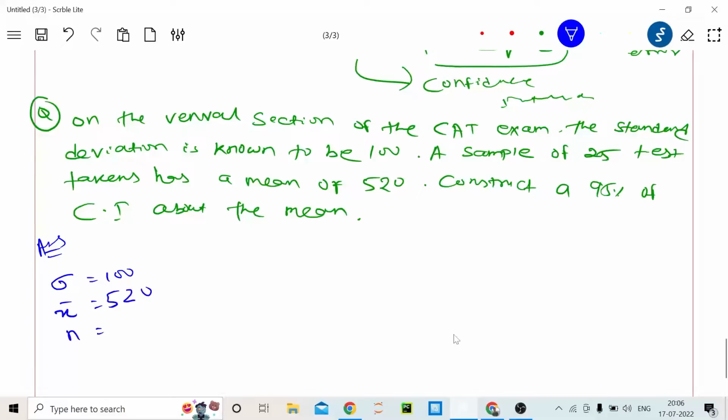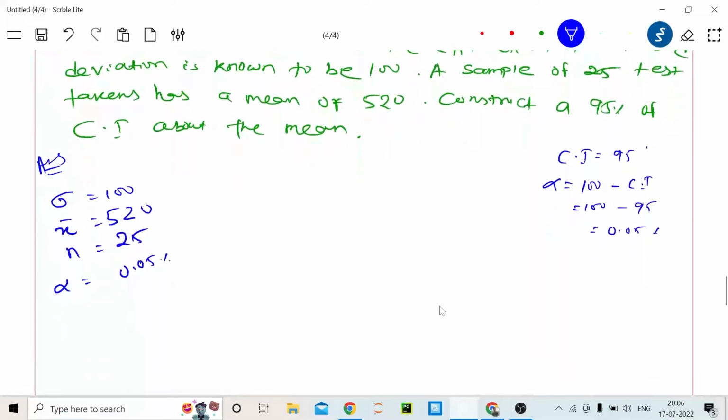Your sample size is 25, and your significance value is 0.05. How did you get the significance value of 0.05? As your confidence level is given as 95%, the significance value is 100 minus 95, which is 0.05. Okay, then this value is given.